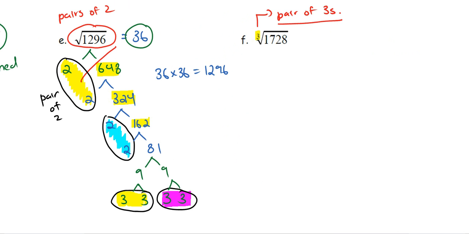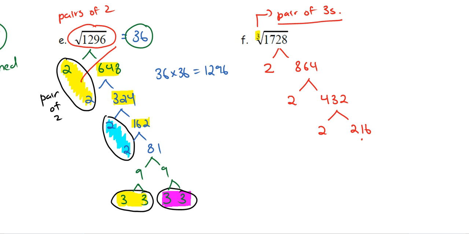Okay, let's break down 1728 here. 1728 can break down to 2 and 864, and you would use long division there again. 864 is divisible by 2, and so that's going to be 2 and 432. 432 is also divisible by 2, and that'll be 216 there.